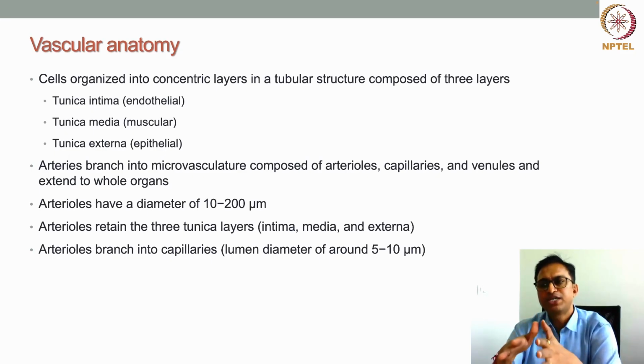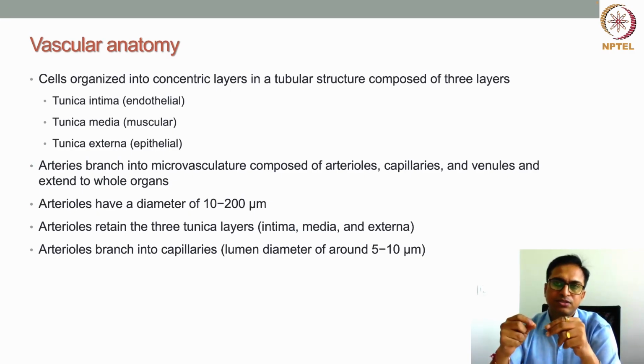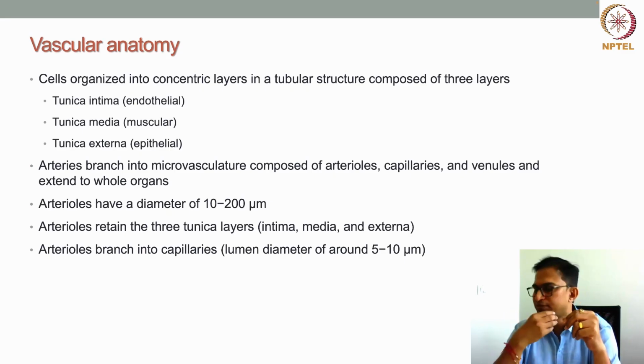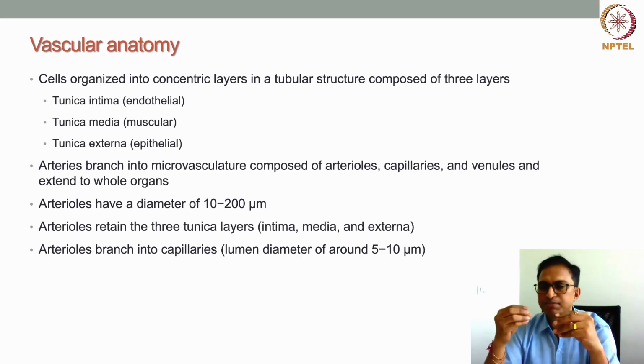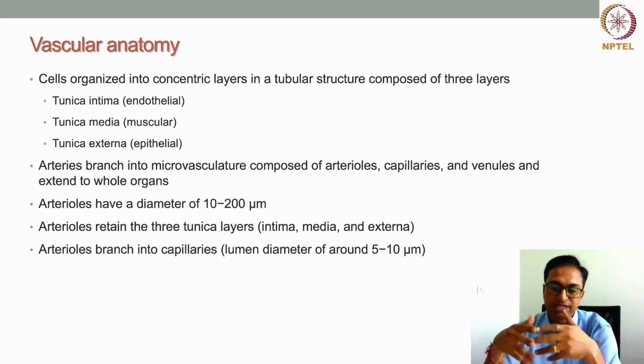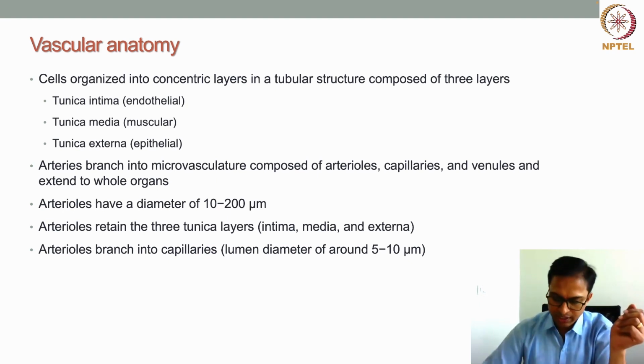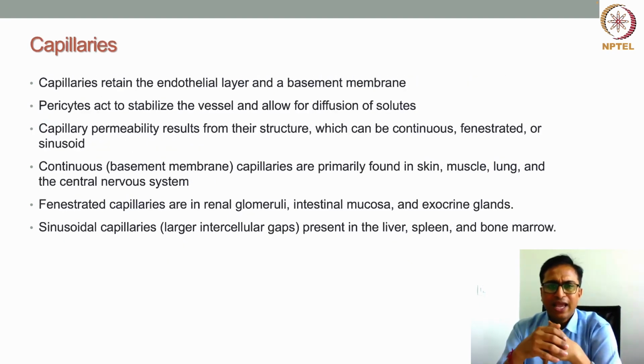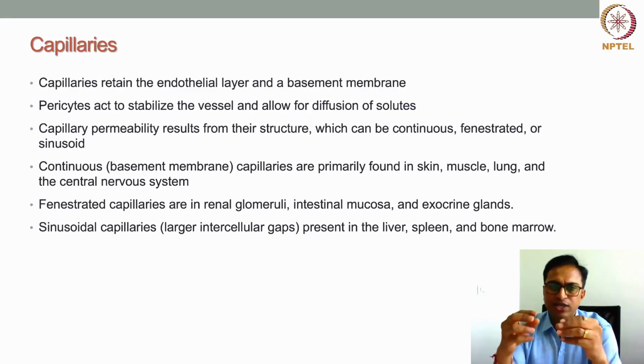Arterioles again branch into capillaries in the tissue bed or organ bed, where the lumen diameter can reach a very fine 5 to 10 microns. And these capillaries retain only the endothelial layer and a basement membrane.